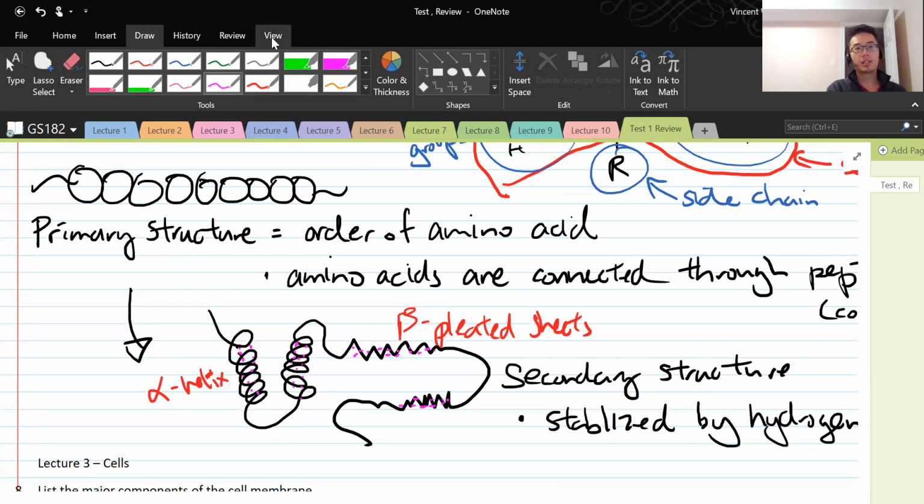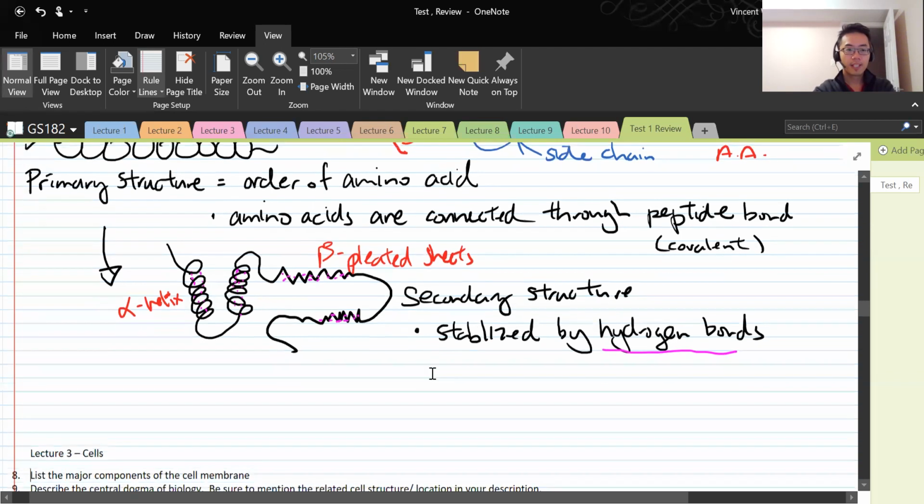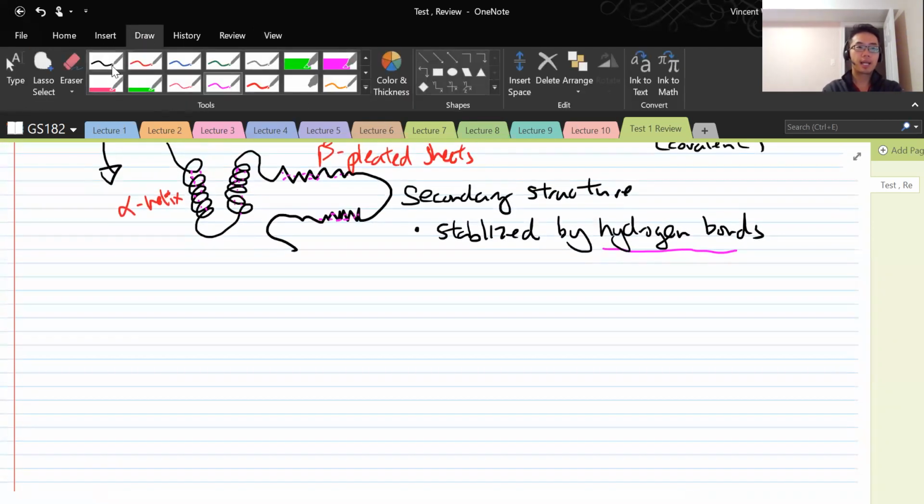Now you might be a little confused because earlier I said hydrogen bonds are interactions between two molecules, and here it seems like it's an interaction within the same protein. That could happen if the molecule is really, really big. So secondary structure is stabilized by hydrogen bonds. What's going to happen next?